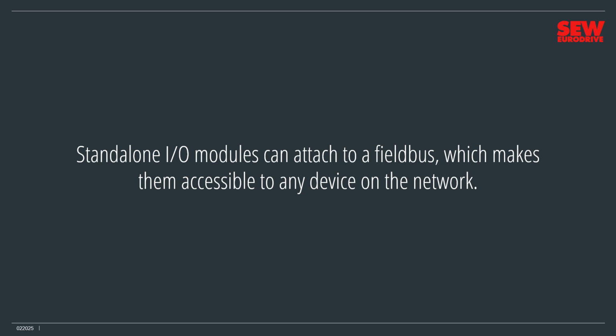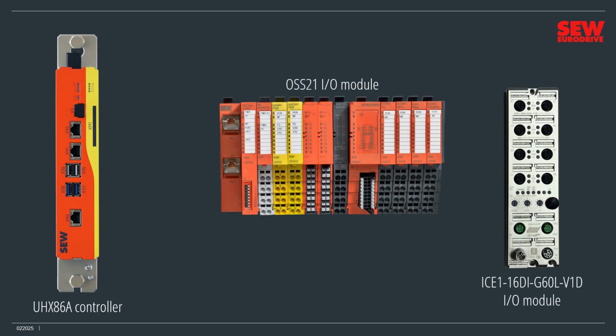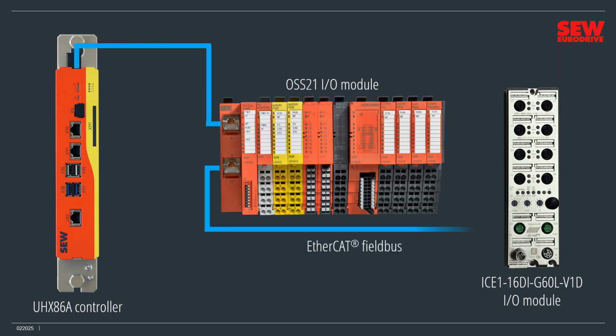Networked controllers and PLCs can access attached I/O devices through the network. For example, this UHX86A controller and these two I/O modules all communicate over an EtherCAT field bus. The controller can monitor attached input devices as well as control attached output devices.